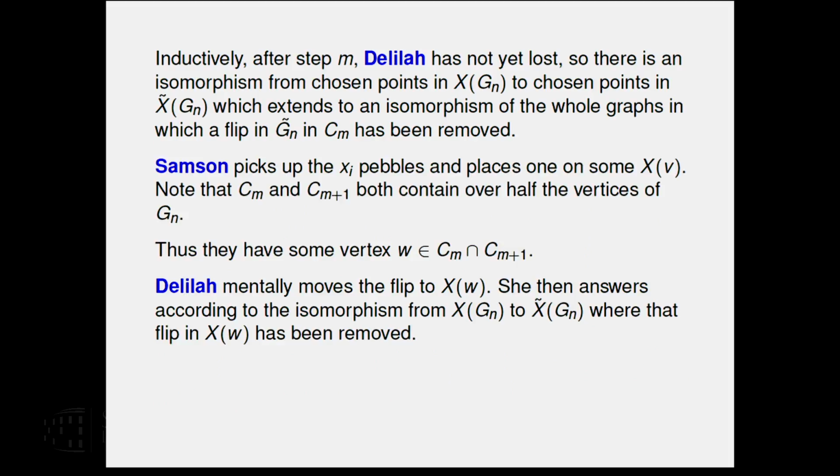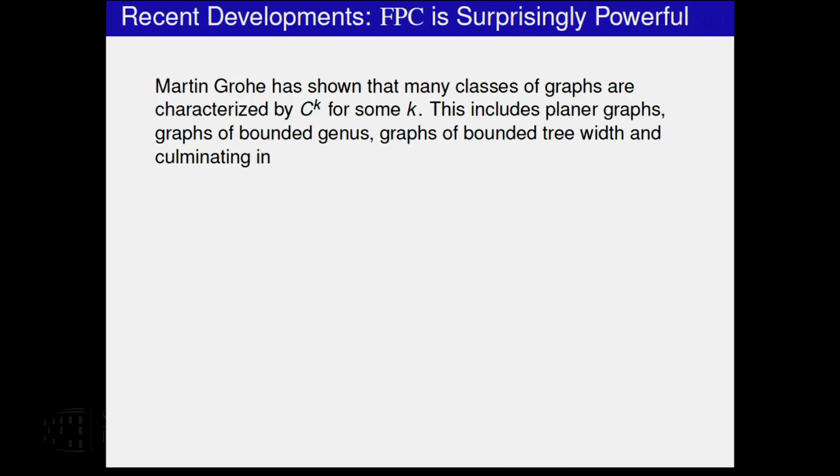And so, for example, Martin Grohe, with a long series of work, showed that for planar graphs, there was a fixed number of variables, I don't know what it is, 7 variables, that characterizes planar graphs. So 2 graphs that are C7 equivalent are isomorphic.